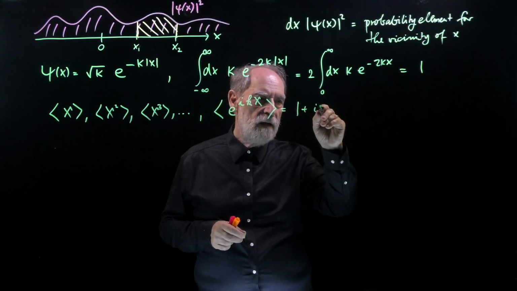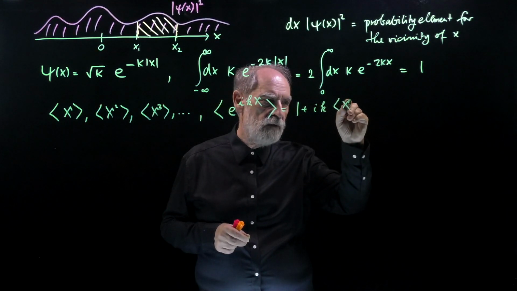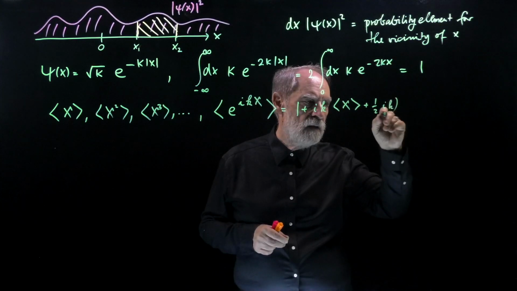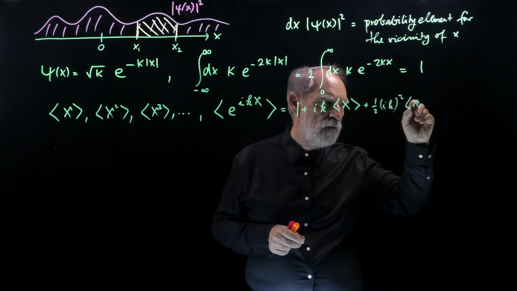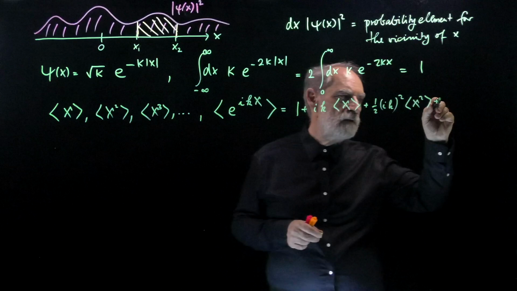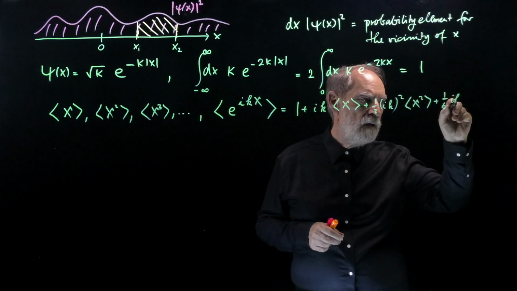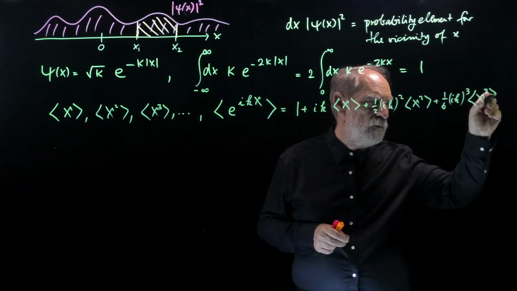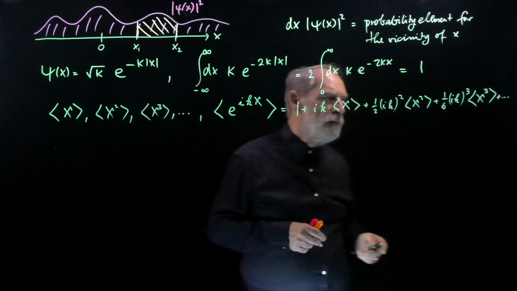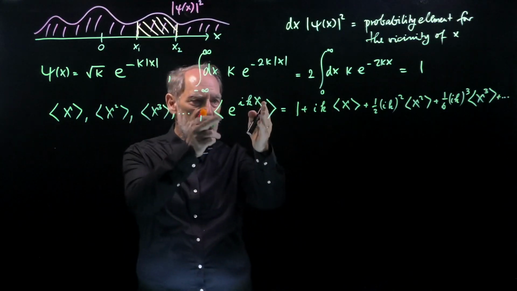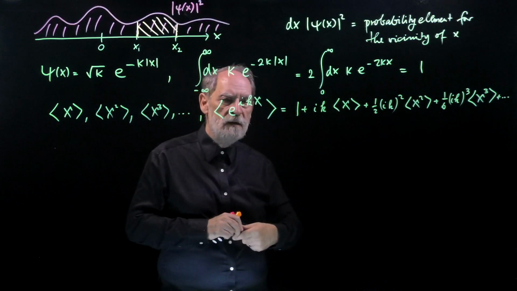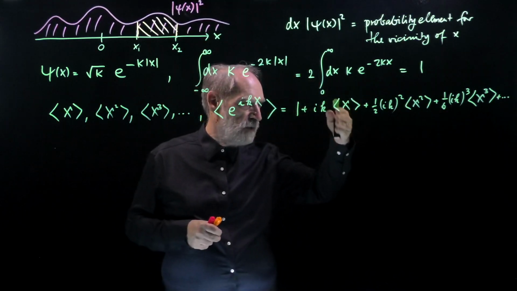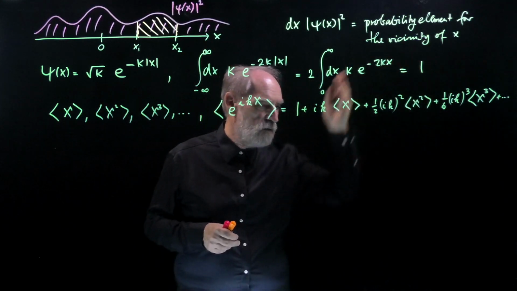Then it is ik times the expectation value of x plus half of ik squared, the expectation value of x squared, plus 1/6 ik cubed, the expectation value of x cubed, and so forth. So by evaluating this expectation value and then expanding in powers of k, we can read off the expectation value for x, x squared, x cubed, and so forth.